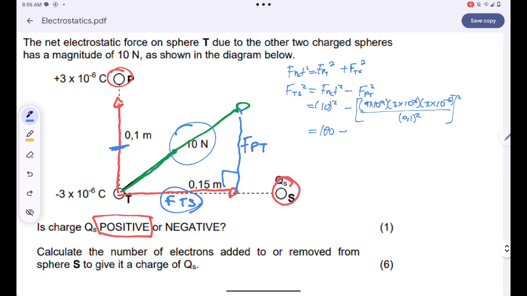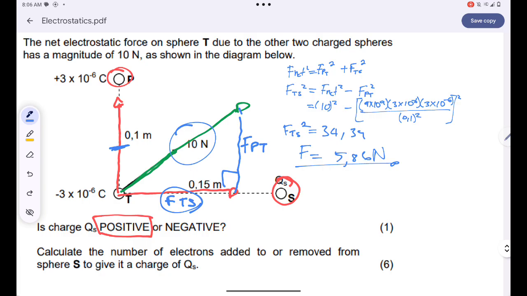So I'll simply get 34.39. This is the force between T and S, but it is squared, right? So the square root of my answer will give me the force to be 5.86 newtons. So this is the electrostatic force between charge T and charge S.